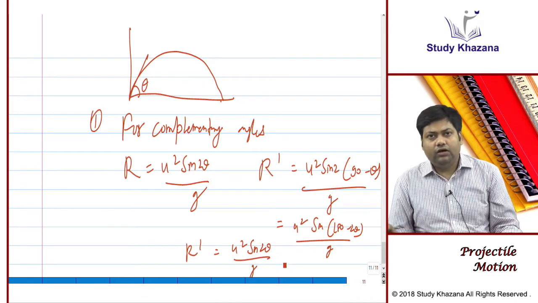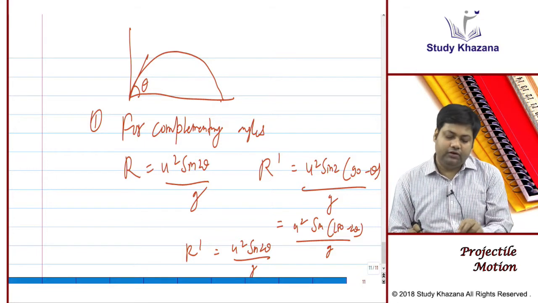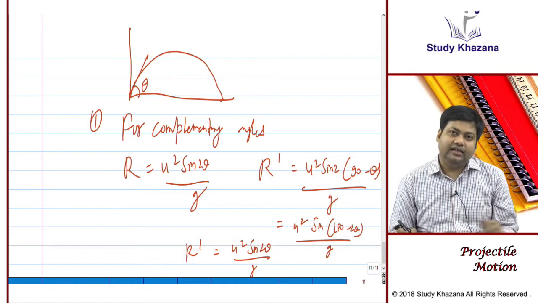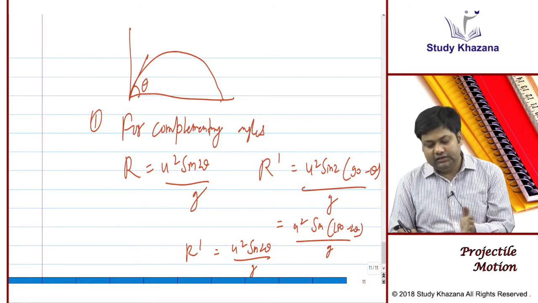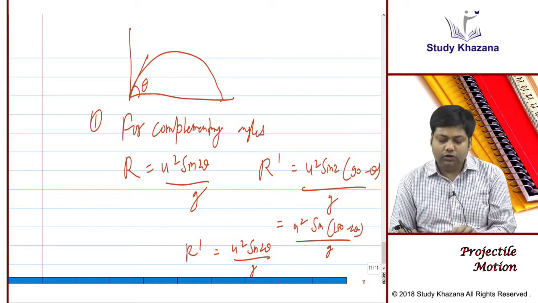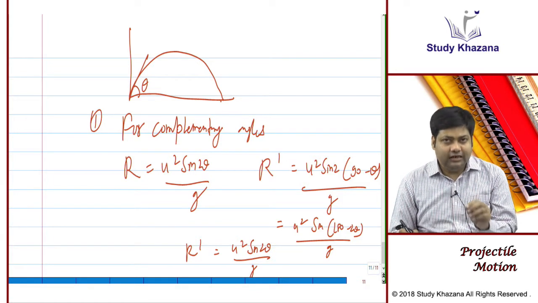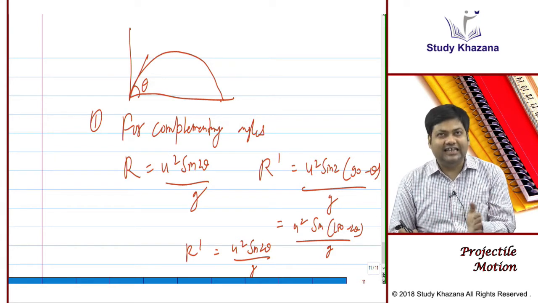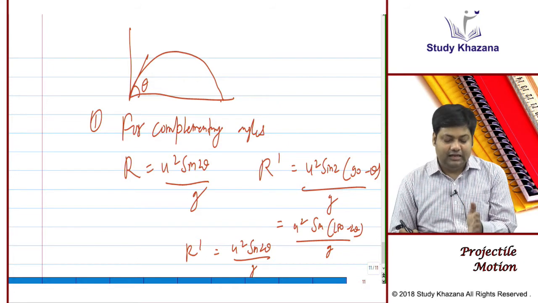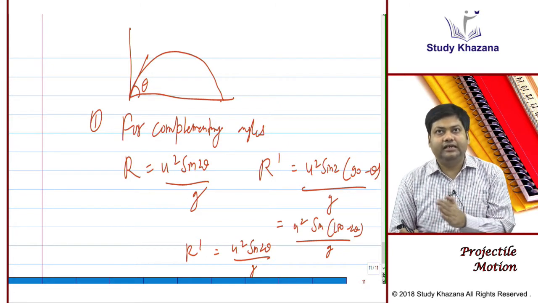For those who are not, you can use a slightly different method, and even if you use sine 90 minus theta as cos theta, that result is absolutely fine. So we see that r and r dash are the same. The result says that the range is the same irrespective of whether you project it with theta or with 90 minus theta.